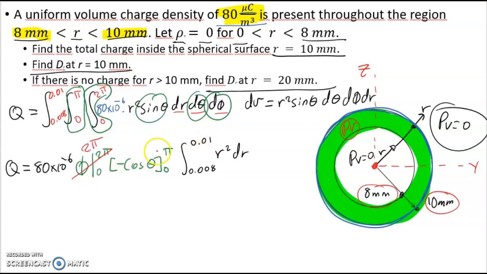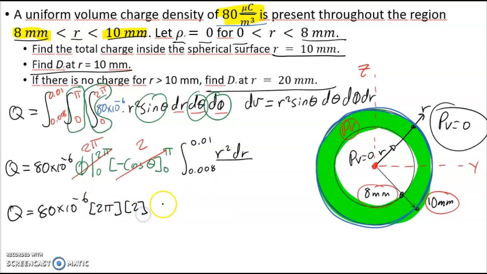Minus cosine of theta evaluated from 0 to pi is 2. So at the end, Q equals 80 times 10 to the minus 6 times 2 pi times 2 times radius cubed over 3, from 0.008 to 0.01.